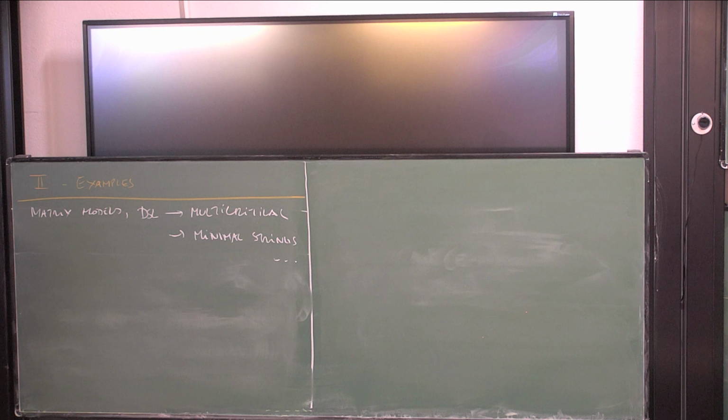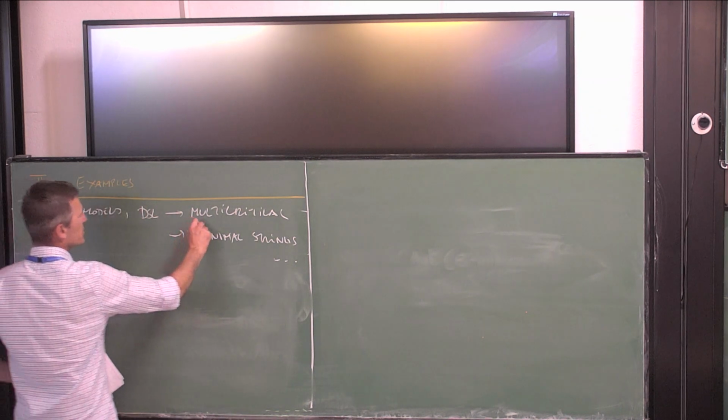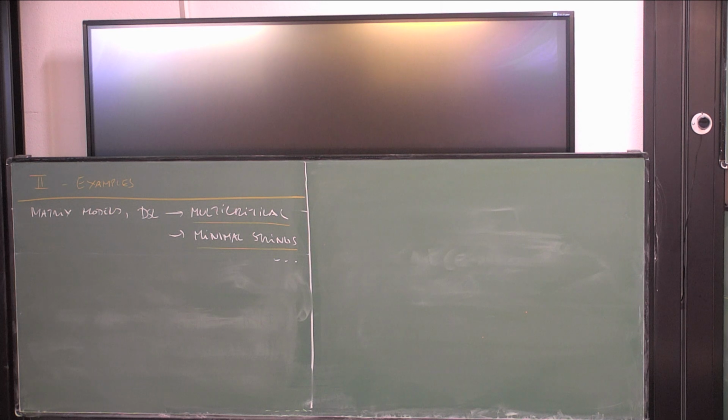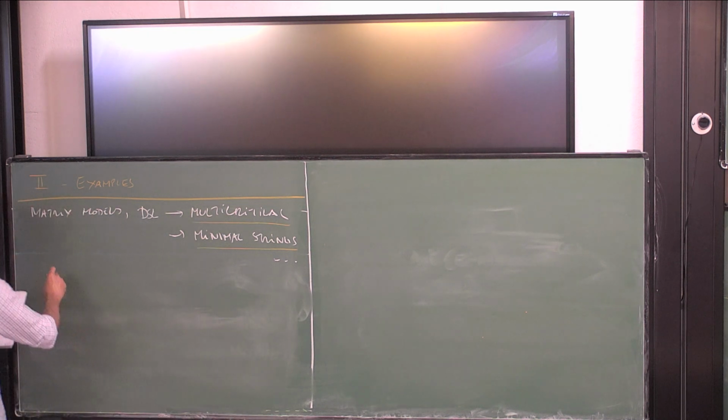And so on. So I'll just be focusing on, and of course I'll be equally schematic, but I'll be focusing on these guys just for the sake of writing smaller expressions, but whatever I'll be saying holds for everybody. So let me just tell you something briefly about multi-critical models.